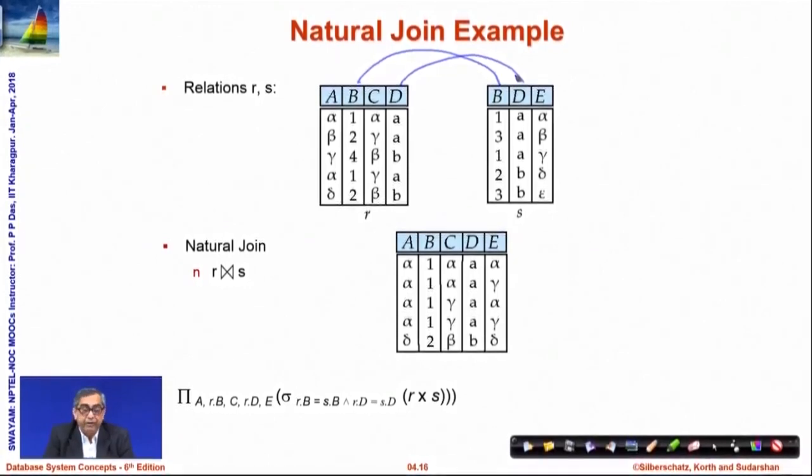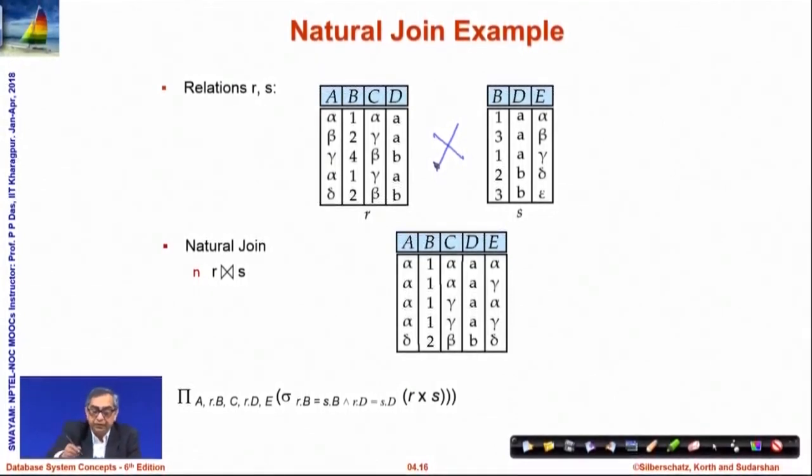What we want to say is, if an attribute is common between two tables, then while you join them, the records from the two tables can be joined if their values on that common attribute are the same. It first makes a Cartesian product of these two tables, takes all possible combinations, but then you select only those rows where the values are identical between columns having the same name.